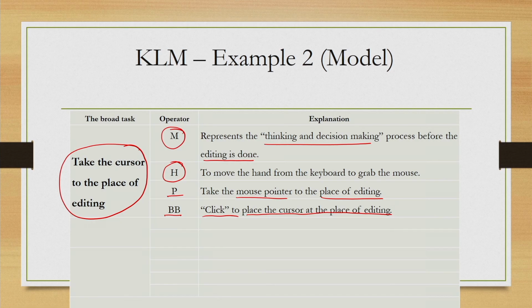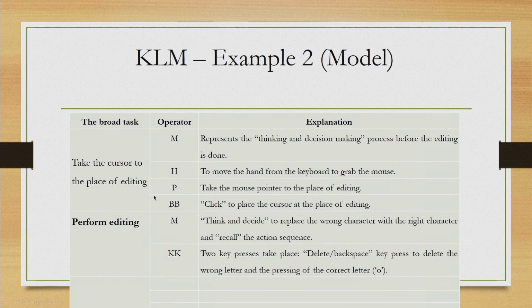So, then for the first task, that is taking the cursor to the place of editing, we require the operators in this sequence M, H, P, B, B. Then the next task is to perform the editing, actual editing. So, here we require an M operator to think and decide about replacing the wrong character with the right character and recall the action sequence, how to do that.